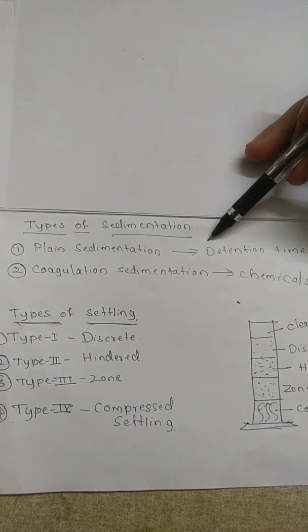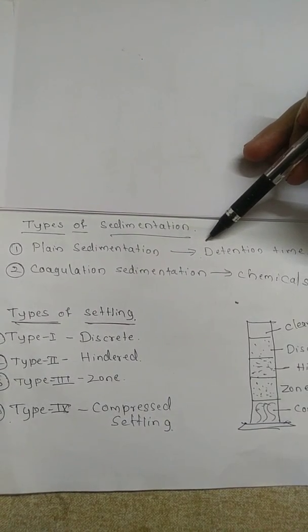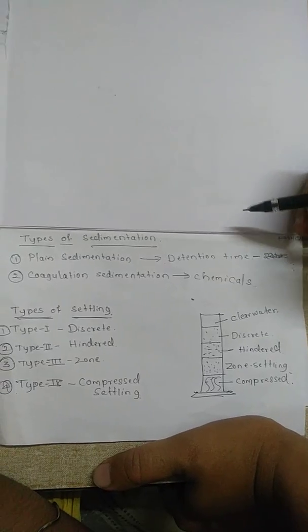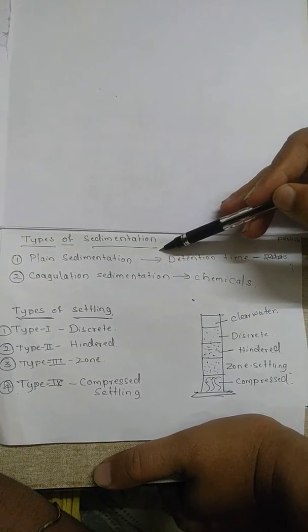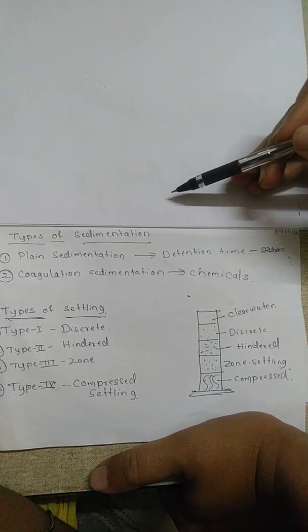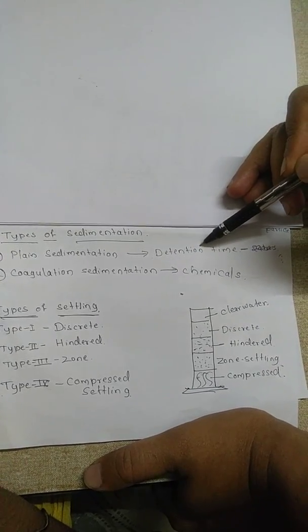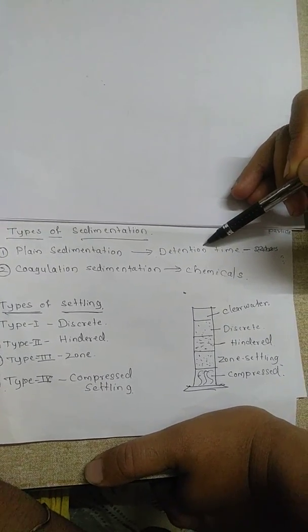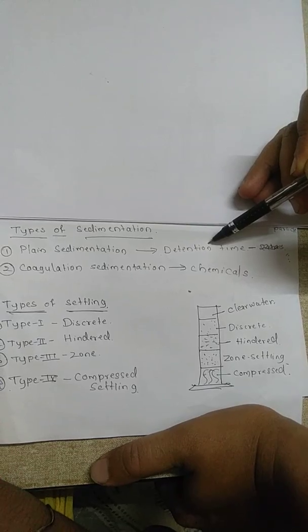That is, I have already told, the sedimentation without coagulants. Plain sedimentation is if we allow the water to stand in a tank for a certain amount of time, that is detention time. After giving some amount of detention time, the particles are going to get settled down by their own weight.